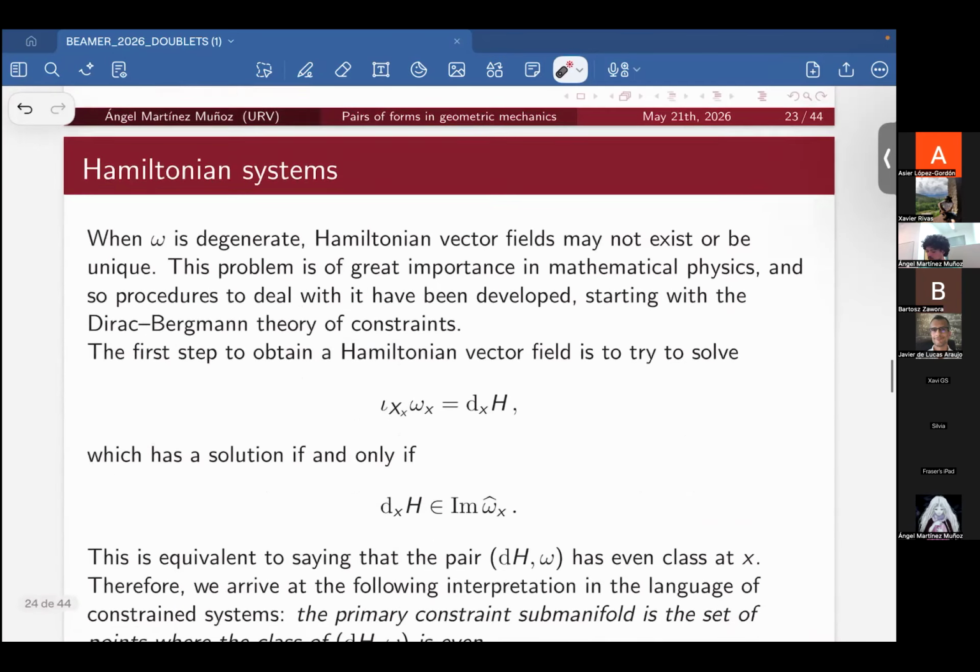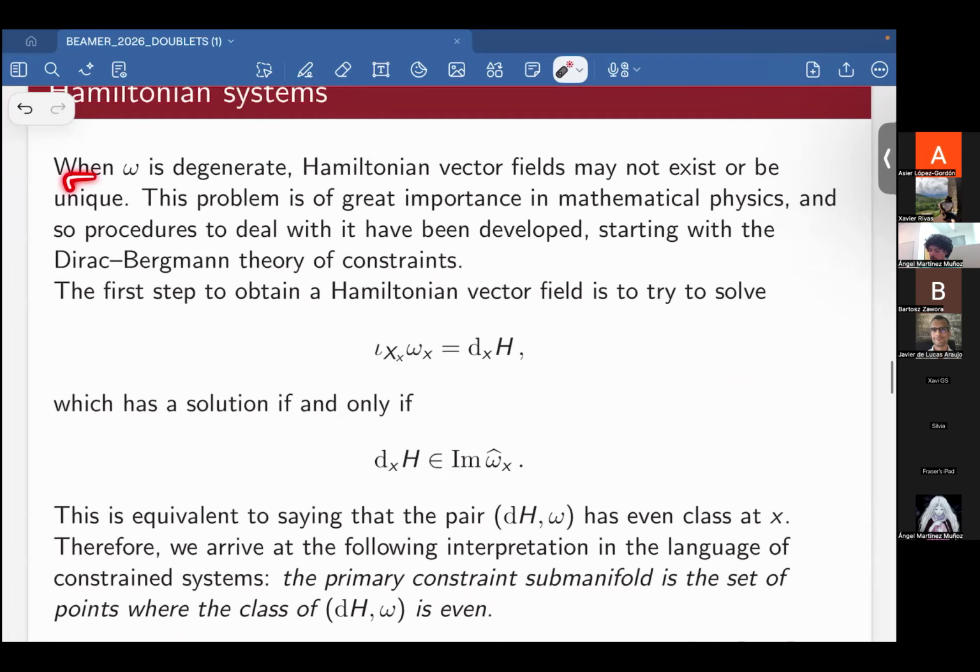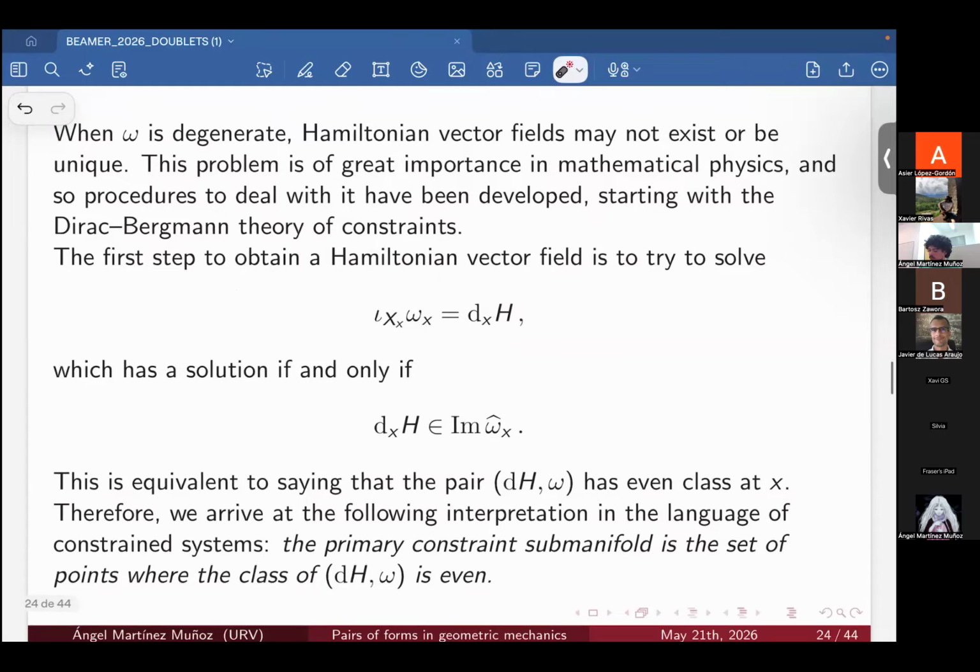And yeah, just as a comment, when omega is degenerate, so when you pick a presymplectic form, let's say, then you have this problem that the Liouville vector field might not exist. And this is what brings you to the theory of constraint algorithms and stuff like this. When you consider singular Lagrangians, you get a lot of this. And just as a comment, if you know a little bit about this, then the first step of the presymplectic constraint algorithm would be to try to solve this equation, because you need the dynamics, and to find the points where this holds.